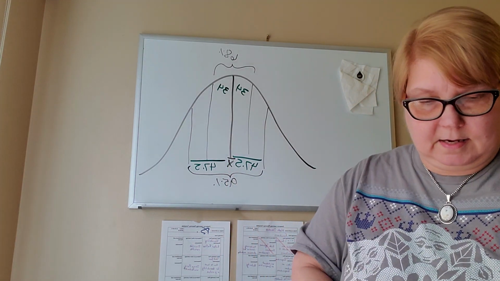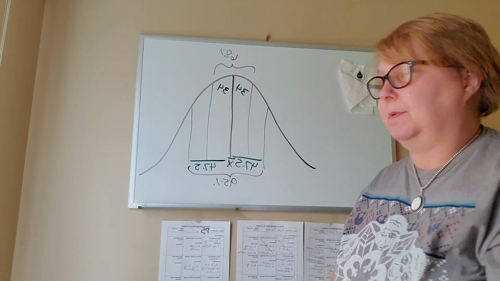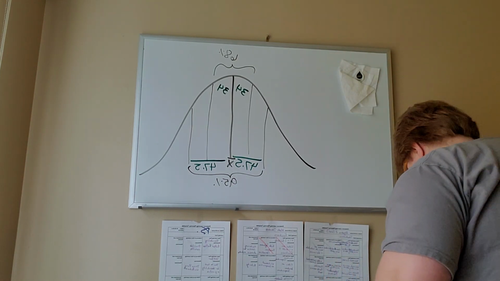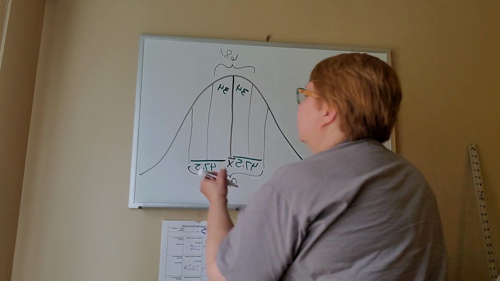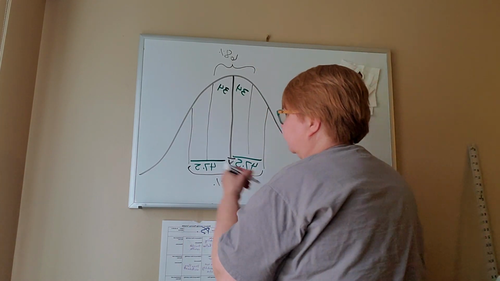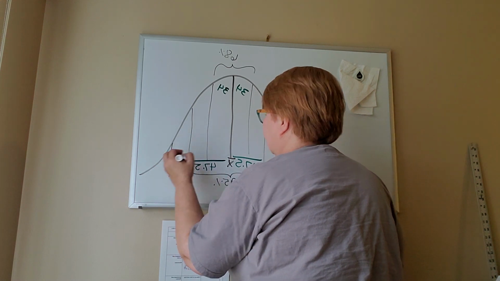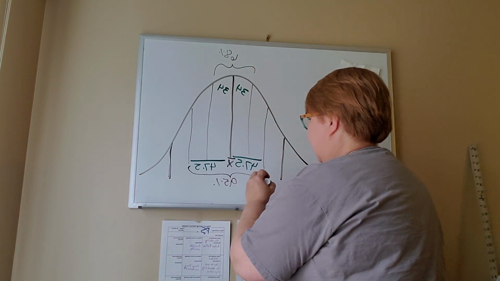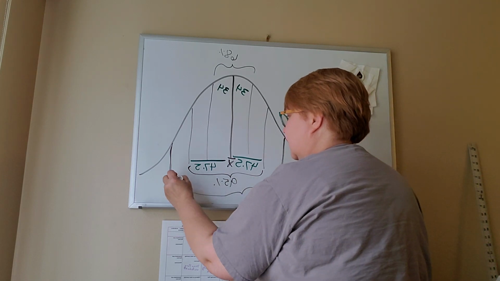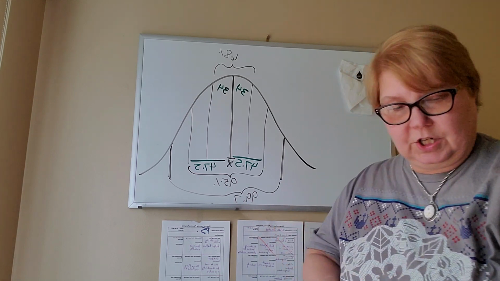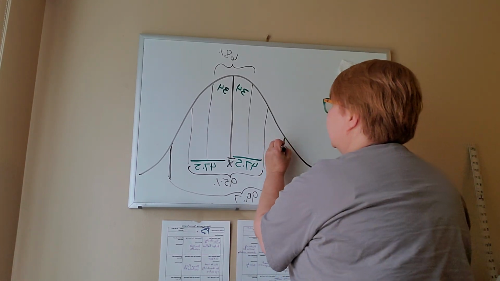And then, last but not least, 3 standard deviations is here and here. That means there's 99.7 from here to here.